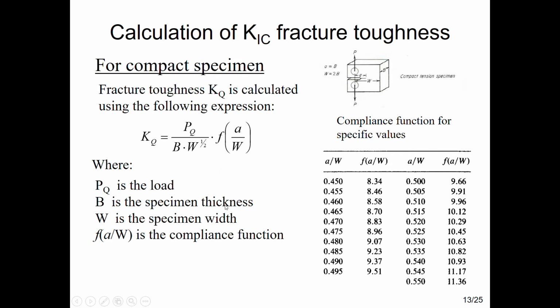We need to make sure the value we select is according to the A over W ratio, and only then can you get the value for F of A over W. Based on the design thickness, design load, and design width, you find the value of A over W, and then you can get F of A over W.